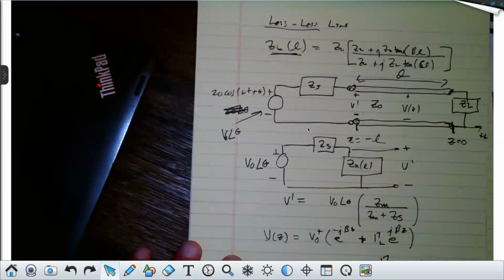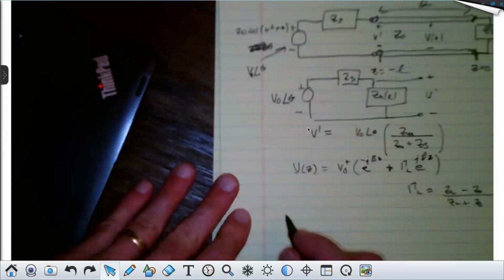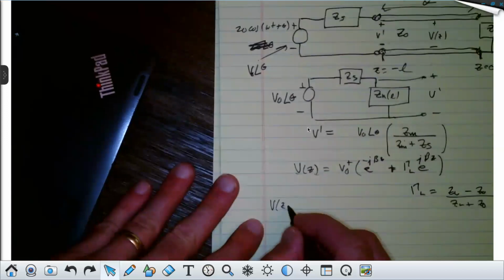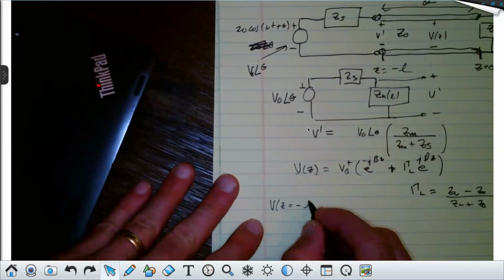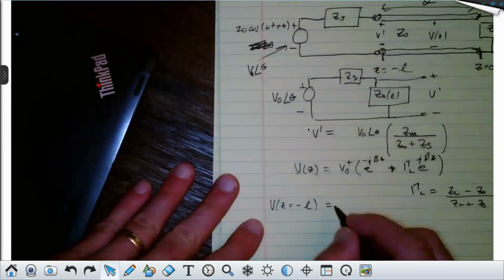So now what I can do is say this: I know that V of z equals minus L is actually equal to my V prime, right?